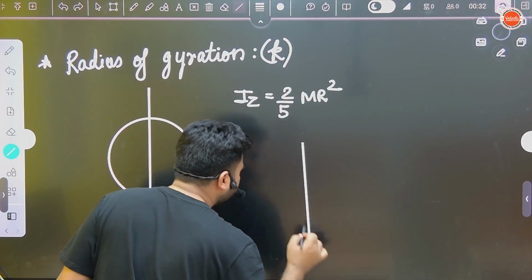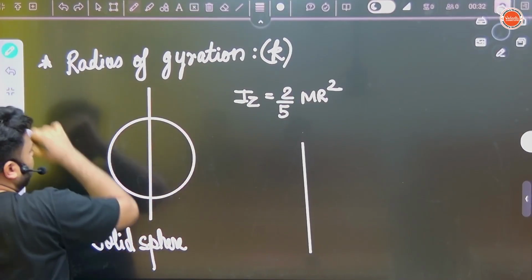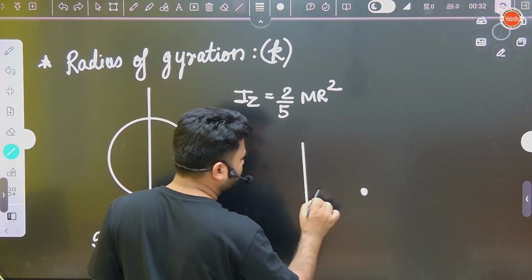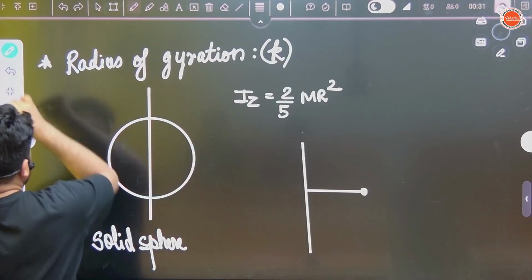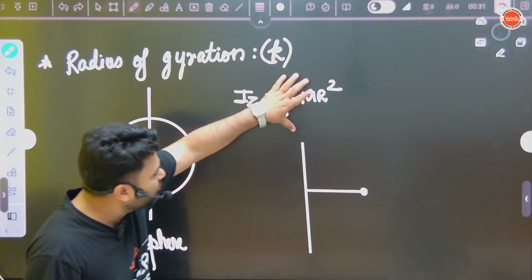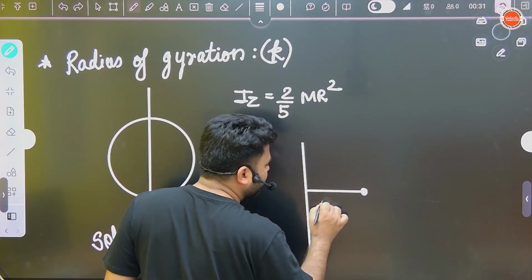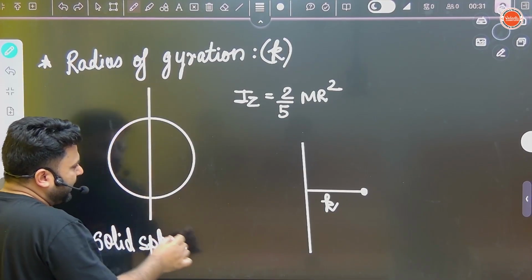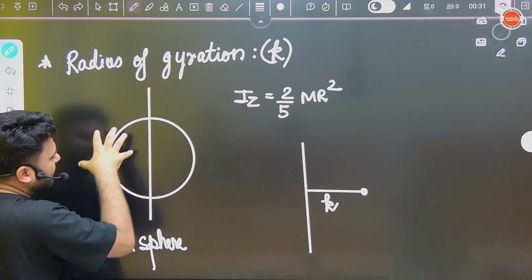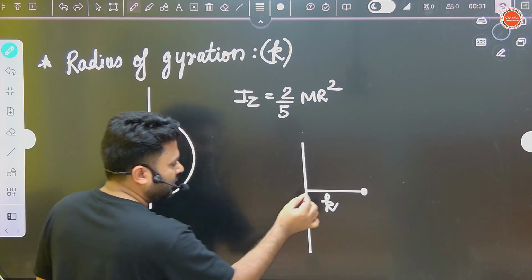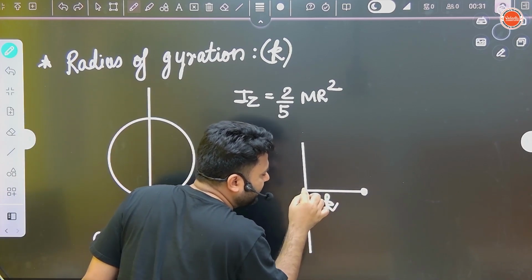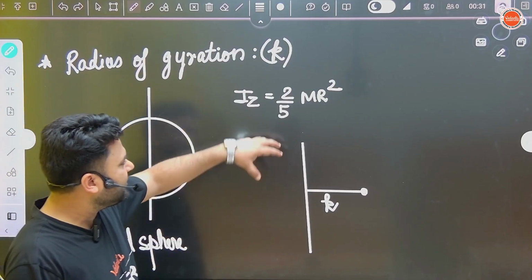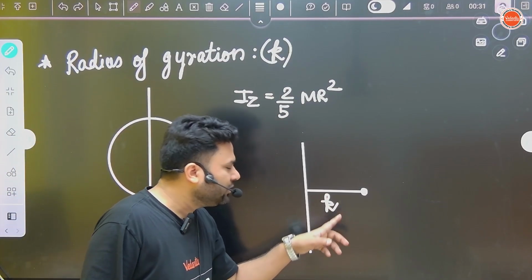If the axis remains the same, and if I treat this solid sphere as a point object, then at what distance from this axis should we keep this point mass so that we get the same moment of inertia? So this distance is called radius of gyration.